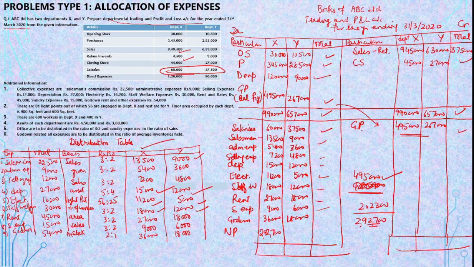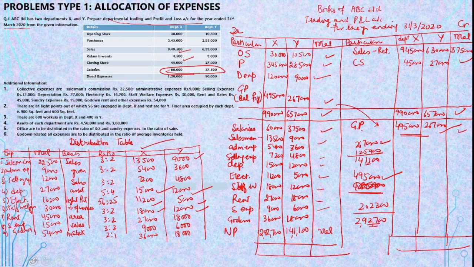Likewise for department Y, the credit side total is 2,67,000 and debit total is coming out to be 1,25,900. So you have got a profit of 1,41,100 and you can total up the amount here also.